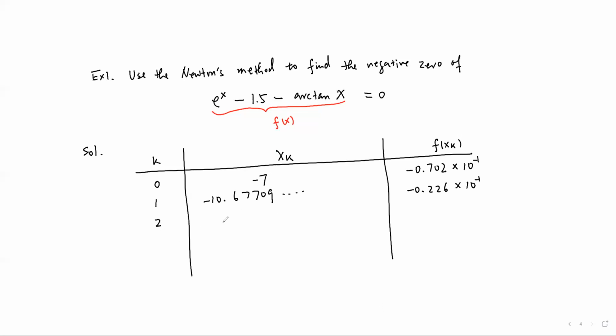Iteration 2, I got -13.27916 and so on. Function value -0.437, 10 to -2. The third step, -14.05365. Function value 0.239, 10 to the third.